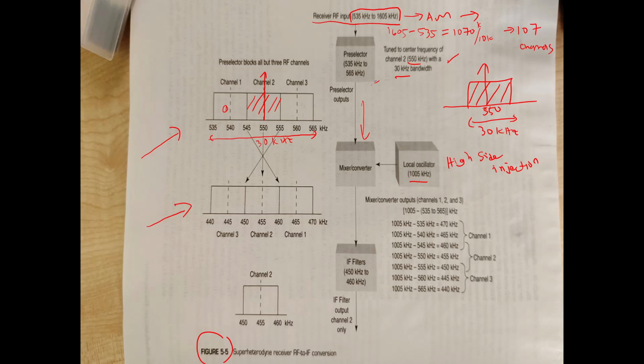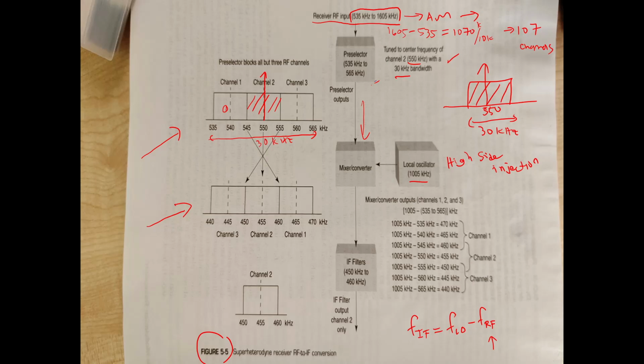How does the mixer converter down convert into IF? We can use the high side injection. From the high side injection, we can find FIF equal to FLO minus FRF. So every RF component will be converted into IF.